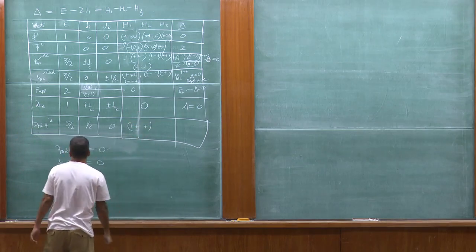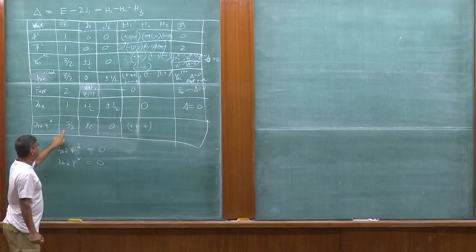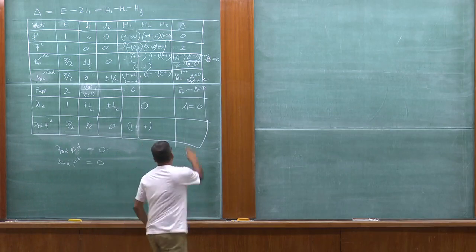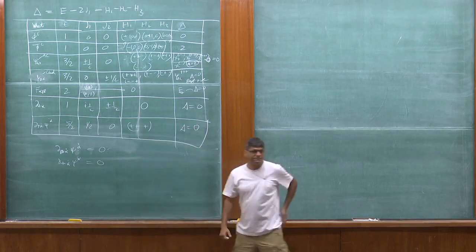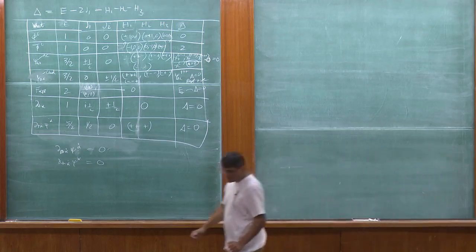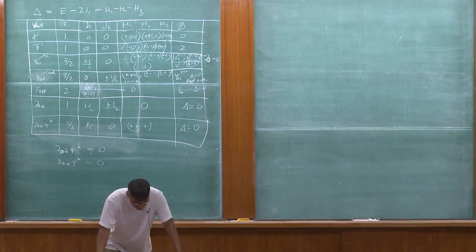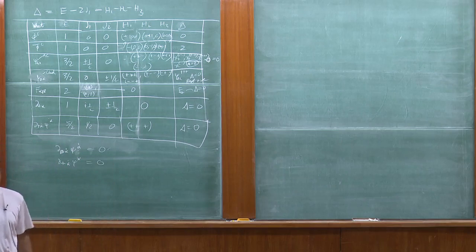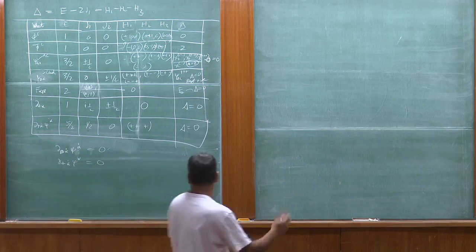Okay, and now let's check that it's supersymmetric: 5 halves minus 1 minus 3 halves. Okay, and I believe that was the only supersymmetric equation of motion that we had. Okay, so this was a reminder of the space of fields in this theory.